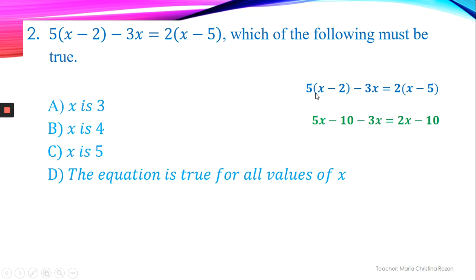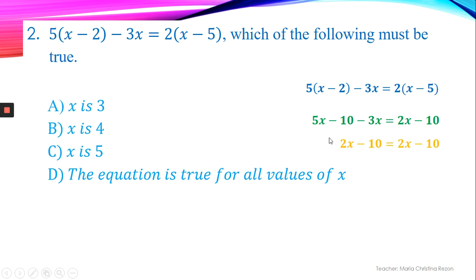So we just distribute 5 to x and negative 2. That makes it 5x minus 10. Minus 3x is equal to, distribute this, you will have 2x minus 10. Now, 5x minus 3x, they are like terms, so we can combine them.